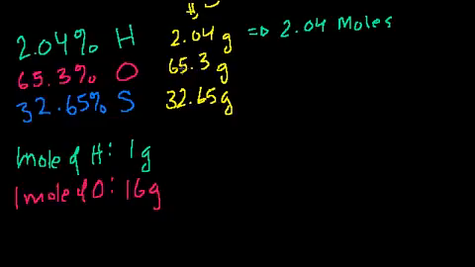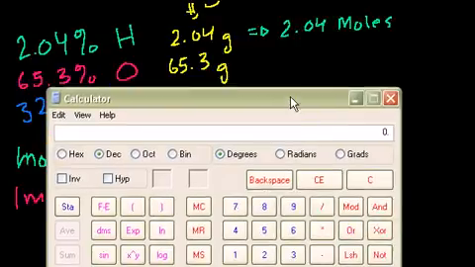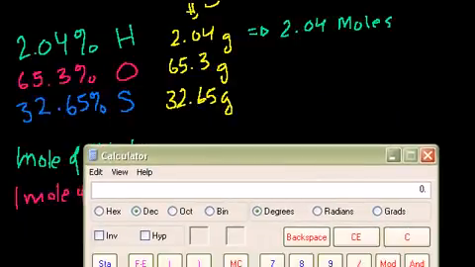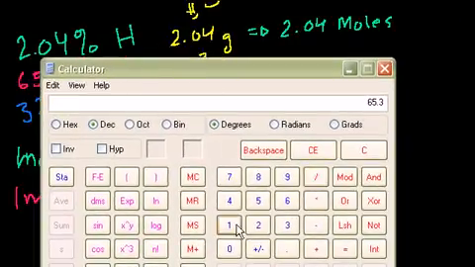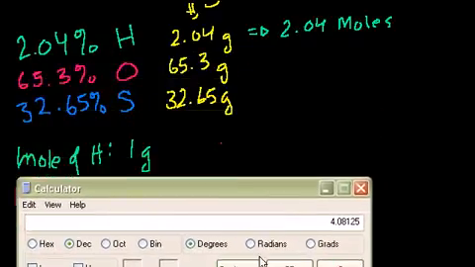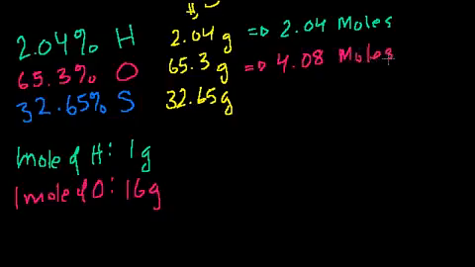We have 65.3 grams of oxygen, and we have 16 grams per mole, so you divide by 16. It equals 4.08125. I don't want to get too precise, so 4.08 moles of oxygen.